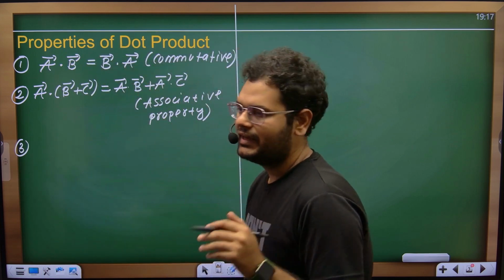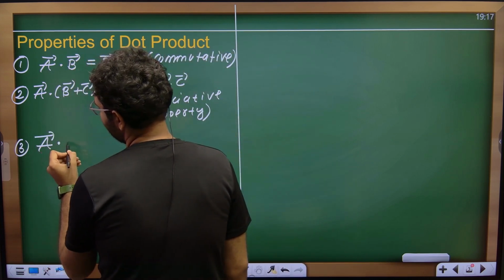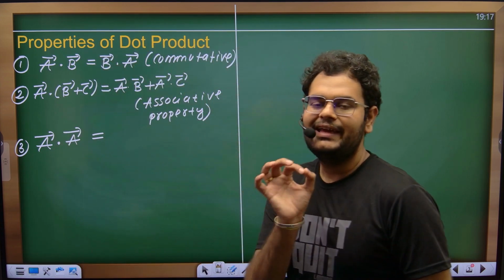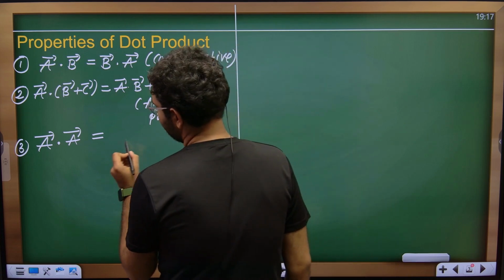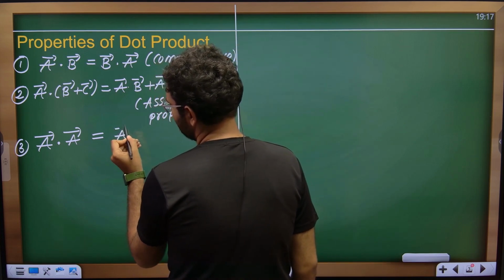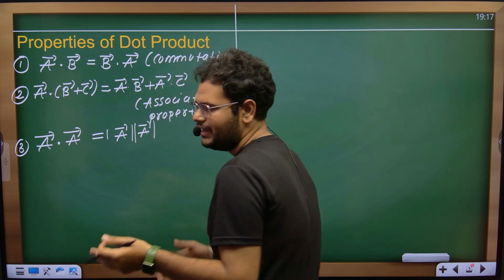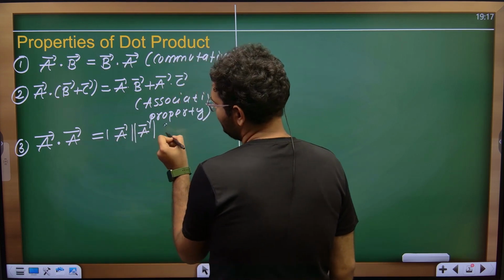Suppose I do a vector dot a vector. What will I get? Let us go by the formula. Sir, a vector dot a vector will be magnitude of a, magnitude of b. Where is b here? Arrey, a and b are the same. Magnitude of a, magnitude of a, and cos of the angle.